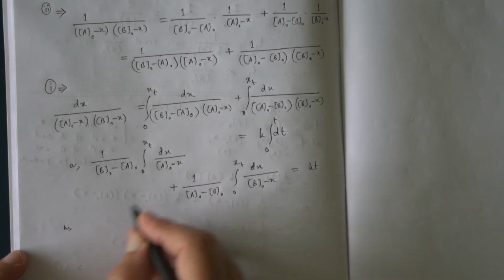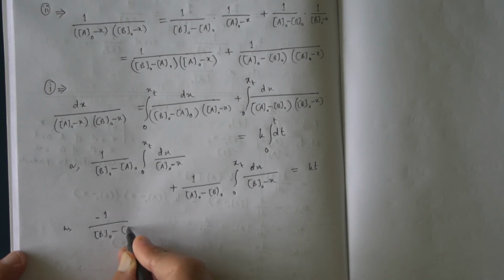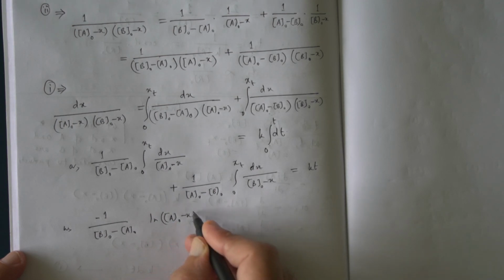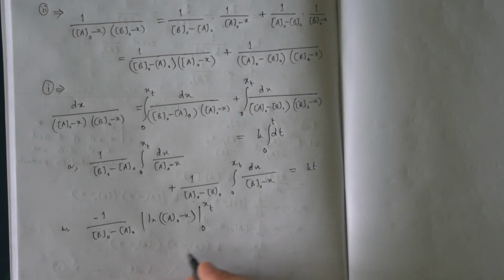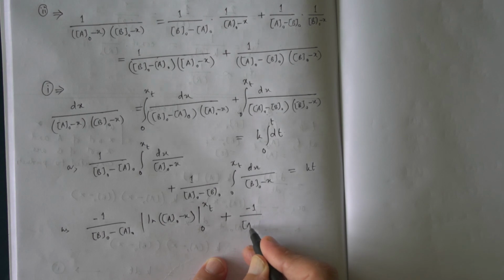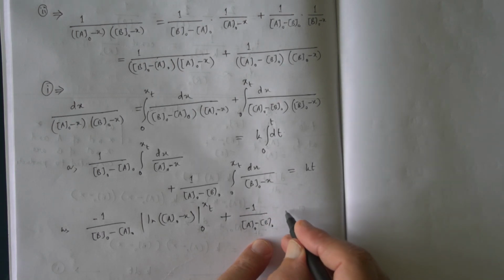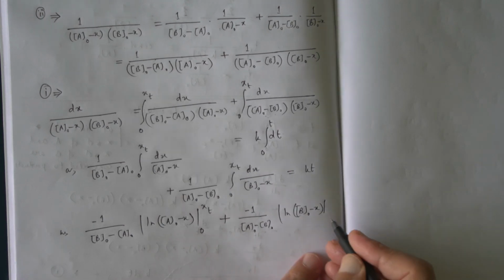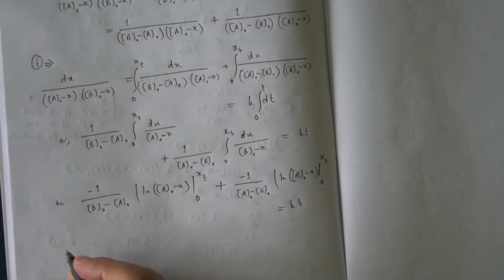So the result is minus 1 by (B naught minus A naught) ln (A naught minus x) from 0 to xt, then plus, again with a minus sign, minus 1 by (A naught minus B naught) ln (B naught minus x) from 0 to xt, and this is equal to kt.